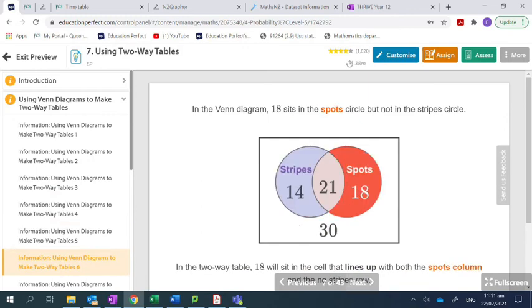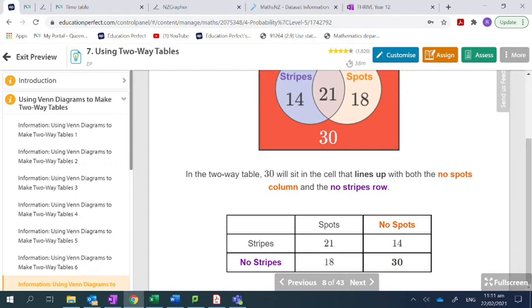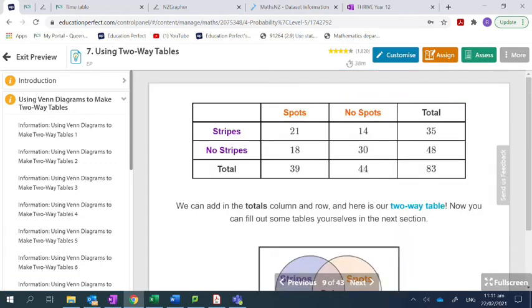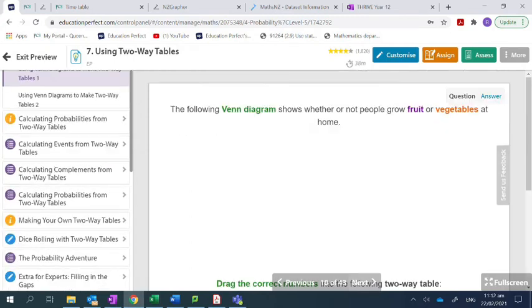And they get, eventually, there you go. There are all the values. And then they put in the totals. Okay? And again, it doesn't matter if you put stripes, no stripes, and spots, no spots, right? The order of them doesn't make the slightest bit of difference to your final table. Okay, excellent.